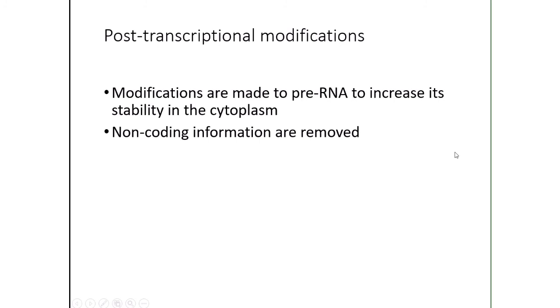In post-transcriptional modifications, we are going to add various modifications to the pre-mRNA to increase its stability in the cytoplasm. And in the process of copying the DNA, we actually copy what's called some junk DNA. They actually don't encode for anything. So we want to remove those first before letting the messenger RNA out of the nucleus.